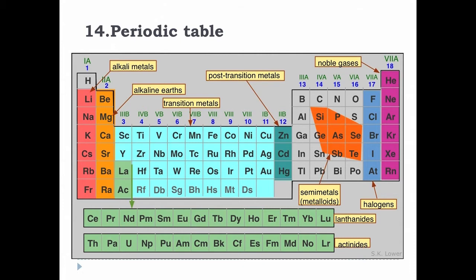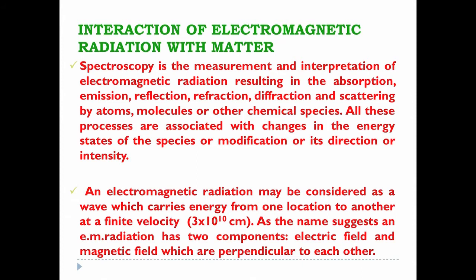In the next slide I am going to show you the interaction of electromagnetic radiation with matter. What we mean by matter in this case is the material made up of atoms or elements that we know in the periodic table.